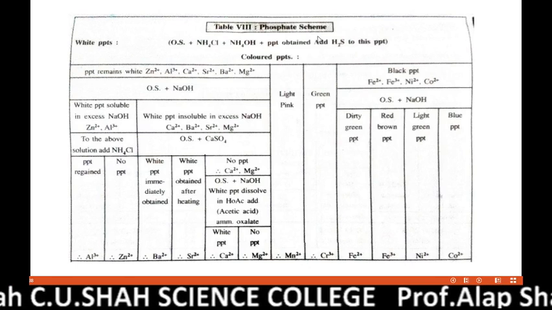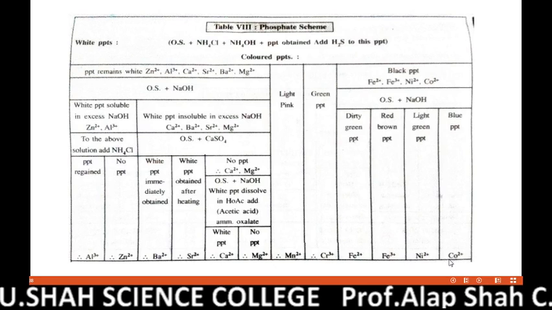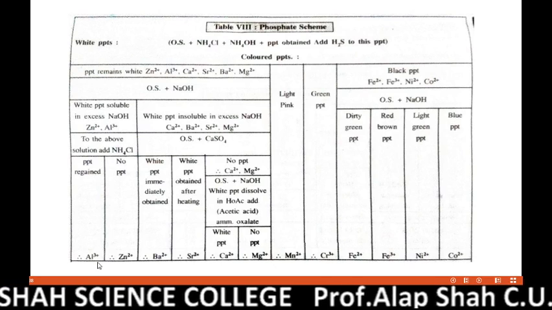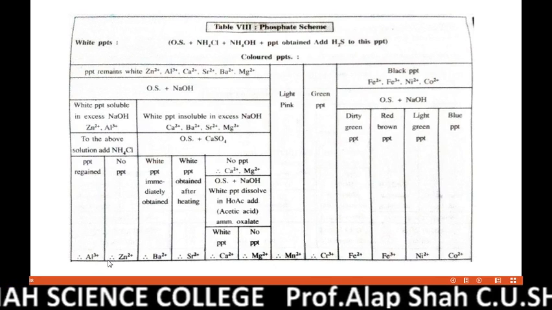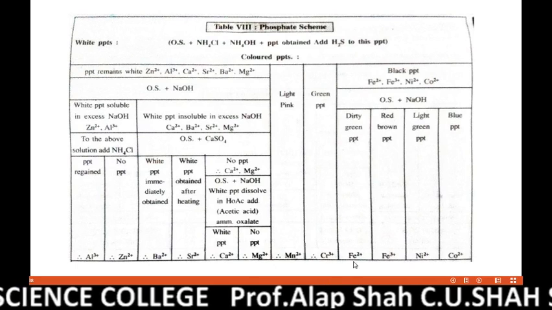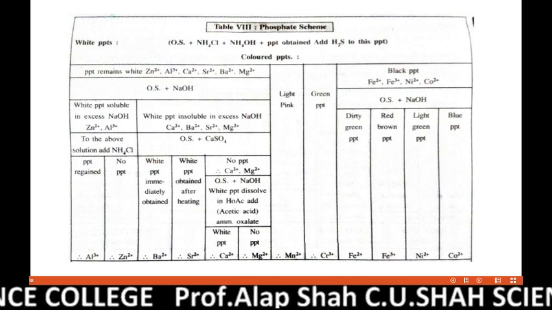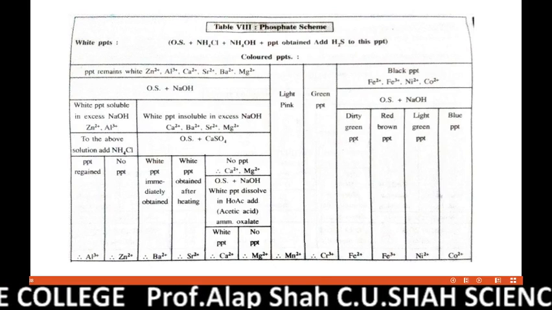So you have to follow this chart and identify the positive ions. See, all these positive ions are from the 3A group to 5A group, because salts of 5B group are always water soluble. So there is no question of that.